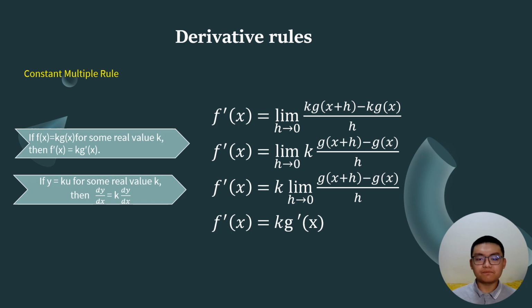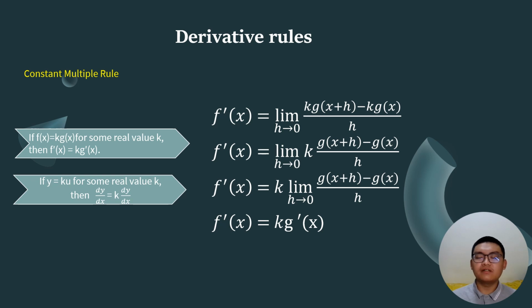To break it down, if f of x equals k times g of x for some real value k, then f prime of x equals k times g prime of x. Similarly, if y equals k times u for some real value k, then dy over dx equals k times du over dx. Now, let's see why this is true using the limit definition of a derivative.